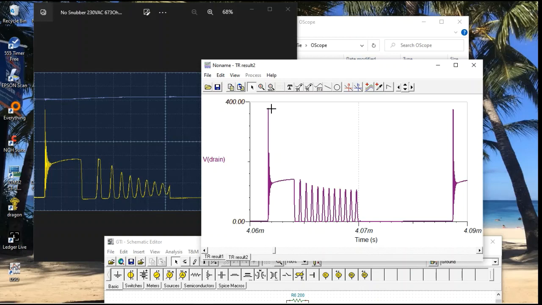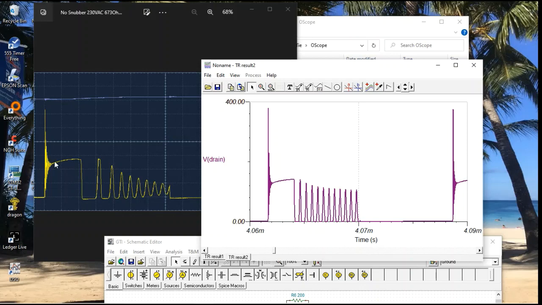This is about a 380 volt spike. Now, this is only 51, 52, 53, about 320. So we're actually getting 320 volts, again, this was with no snubber, and this is saying it's more like 380. So it's a little bit off, but that's pretty good.